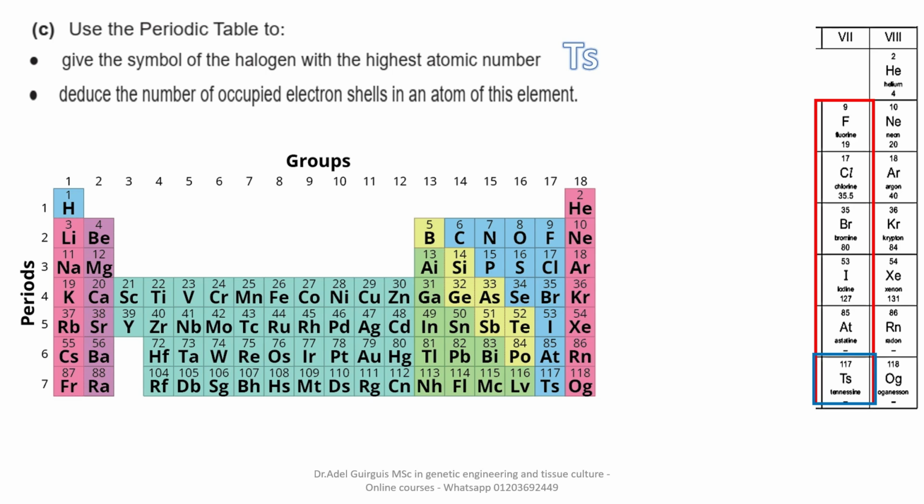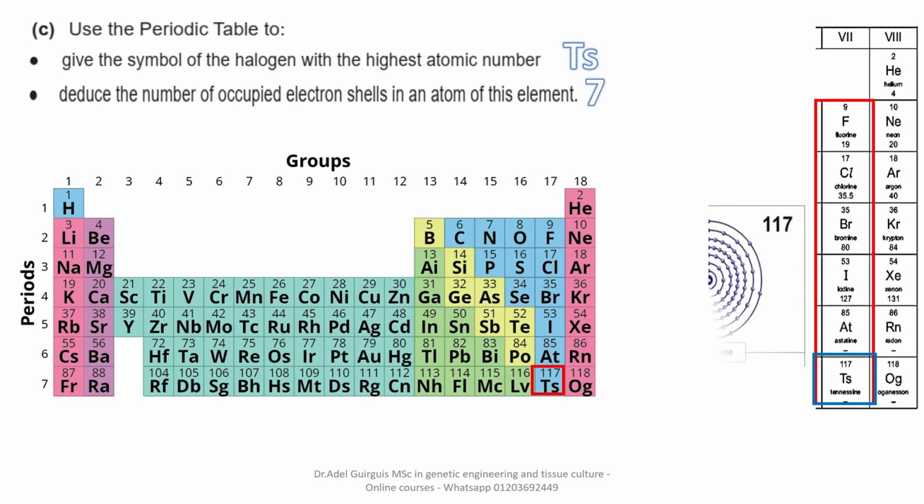The first row contains 2 elements, hydrogen and helium. This is period 1, while the last period, period number 7, starts with francium and ends with OG. What about tennessine? Tennessine lies in the 7th period. So the number of occupied electron shells equals 7.